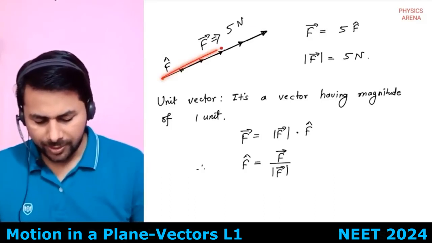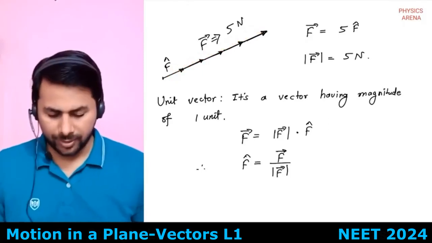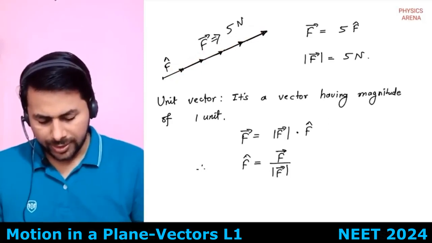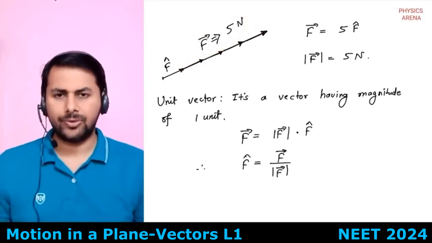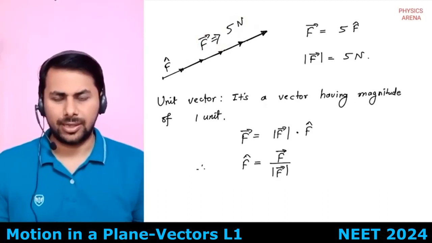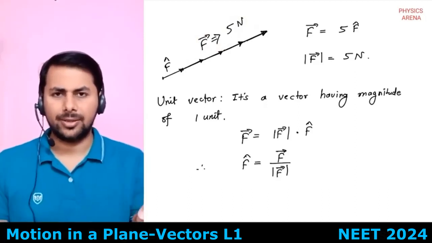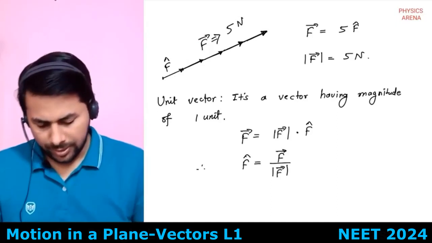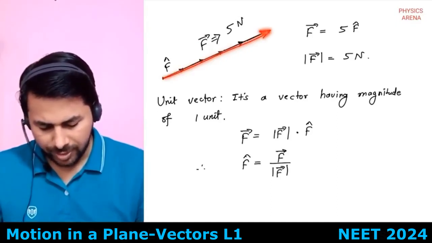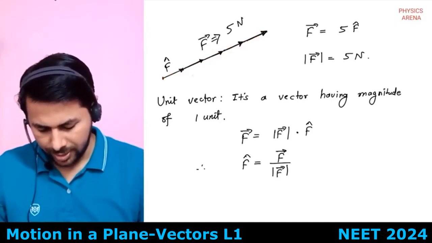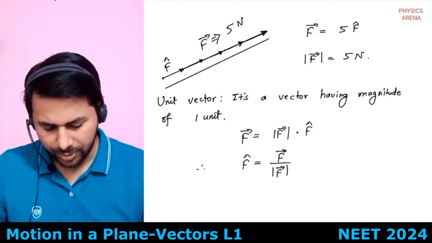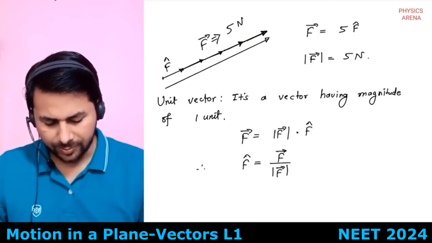Suppose this is a vector quantity. I have considered a force of 5 newtons, and I'm drawing that using an arrow. So this arrow of this much length shows a force of 5 newtons.